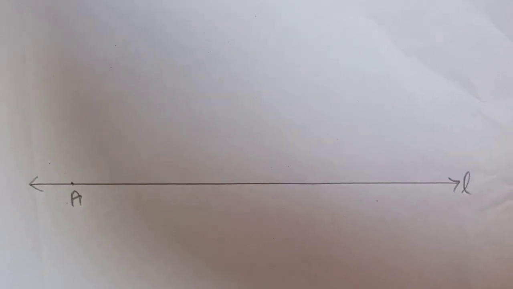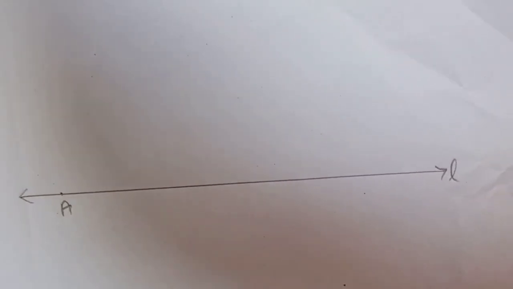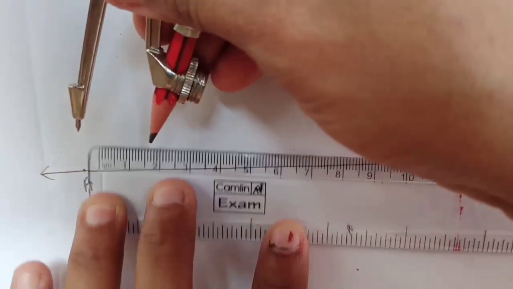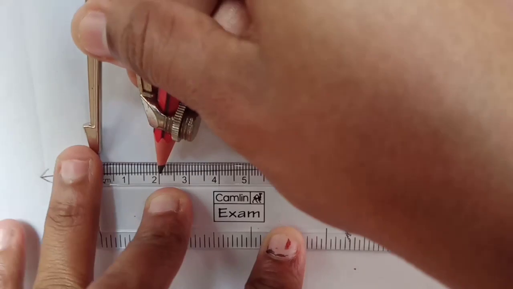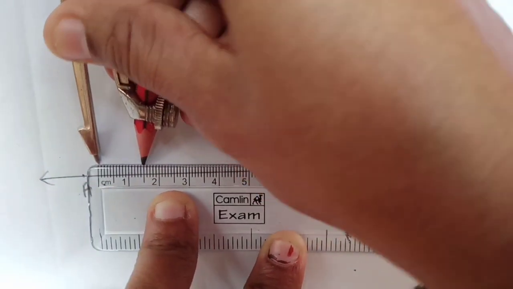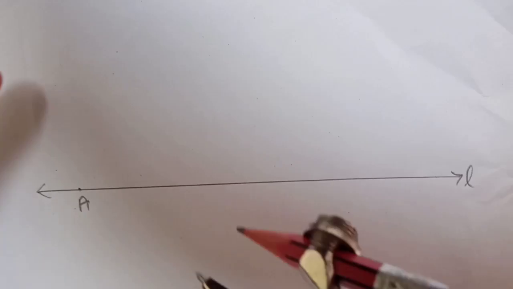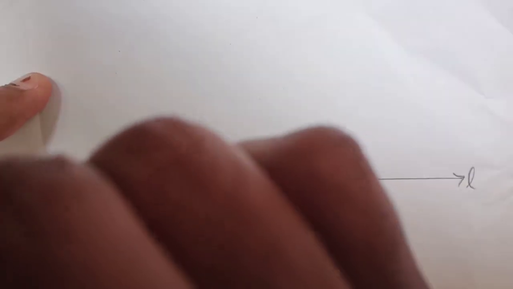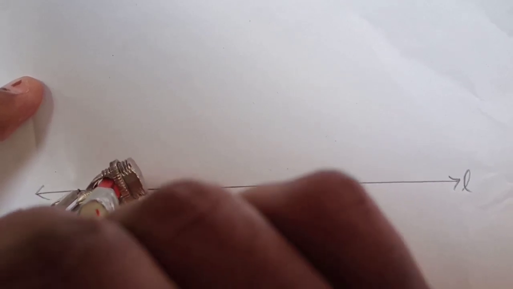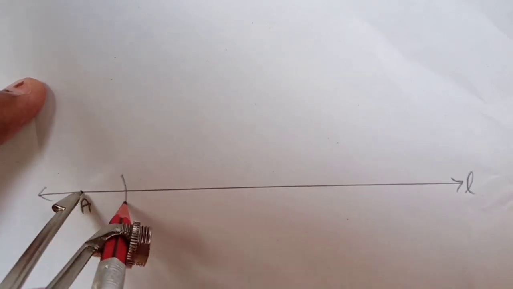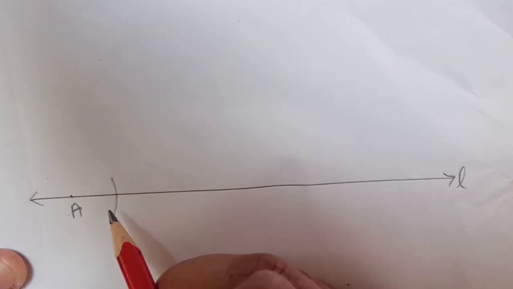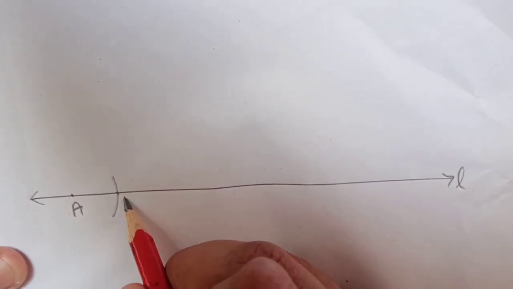Then by using your ruler, take 1.5 centimeter in your compass. Now with A as center and with 1.5 centimeter radius, draw an arc. That arc intersects the line L at B.